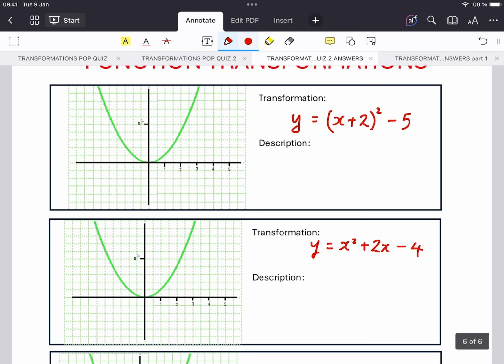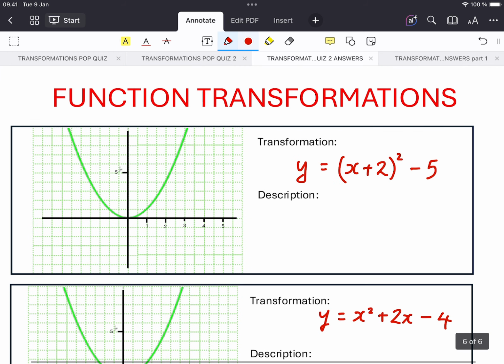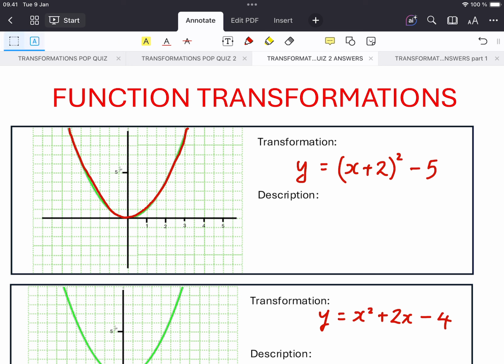On to the next one. So this is one now that is more likely what you might see in an exam. So I've got my original function, and then the +2 there is going to shift it 2 units, not to the right, but to the left.